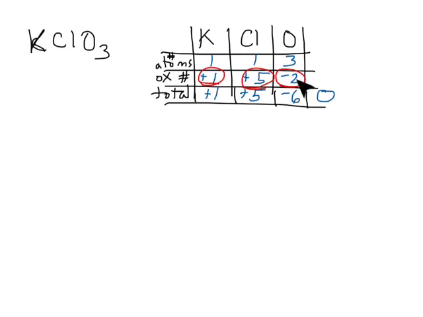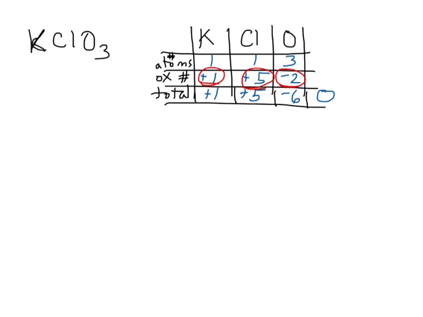Other than that, it's -2 all the time. An alkali metal in a compound is +1 all day. It's elements like chlorine that can have all sorts of varying numbers, so be on the lookout for that. Usually the larger the atoms get, the greater the variance in their oxidation numbers.